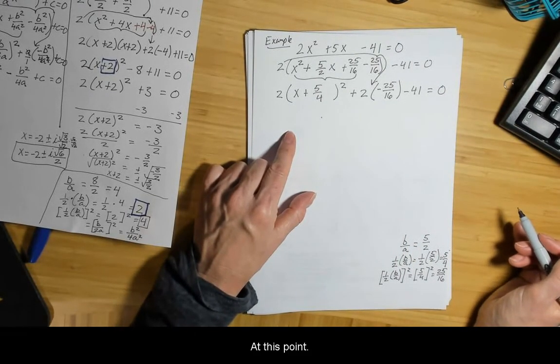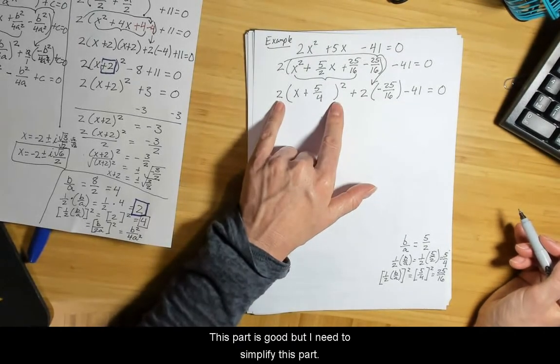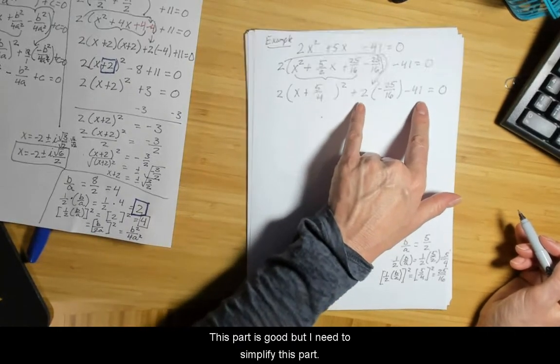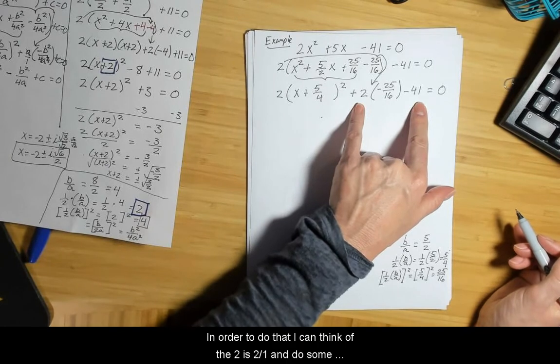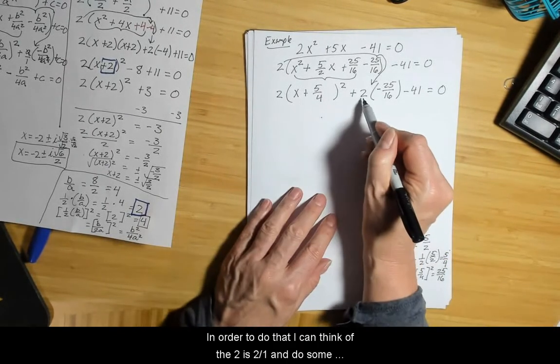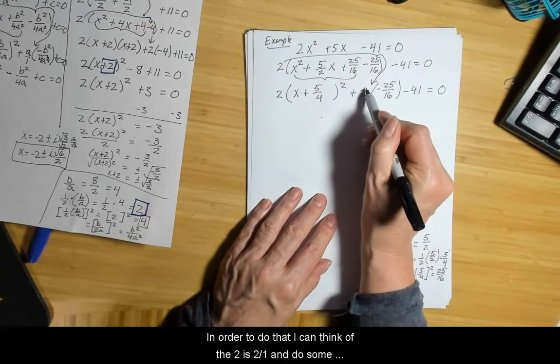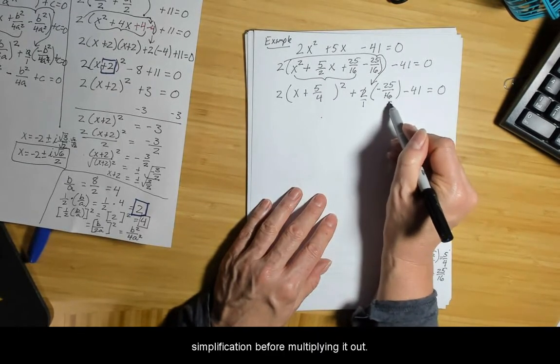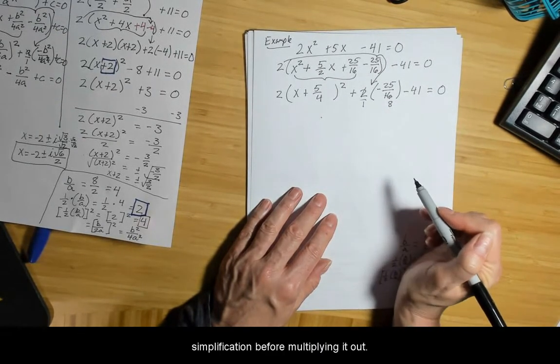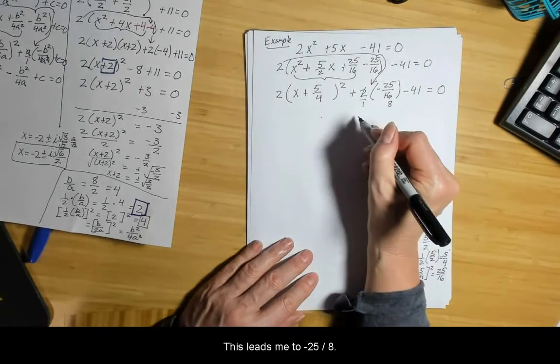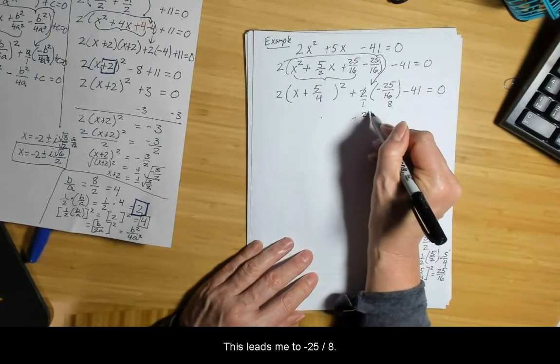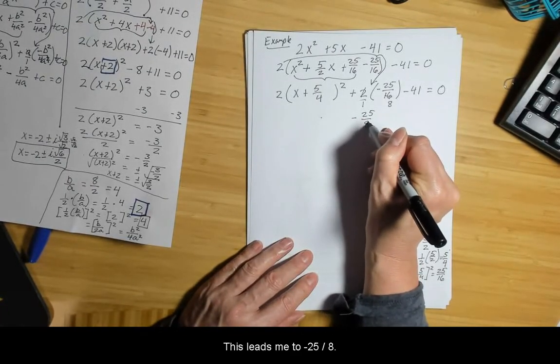At this point, this part is good, but I need to simplify this part. In order to do that, I can think of the 2 as 2 over 1 and do some simplification before multiplying it out. This leads me to minus 25 over 8.